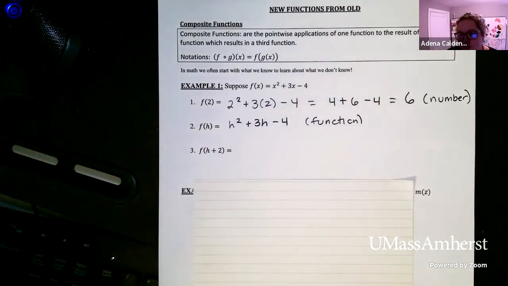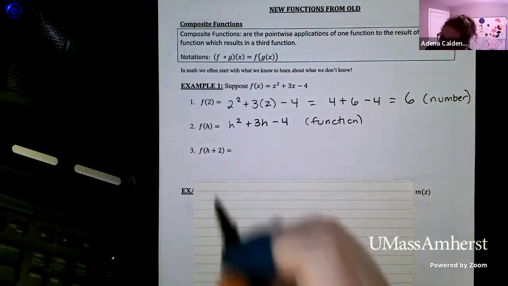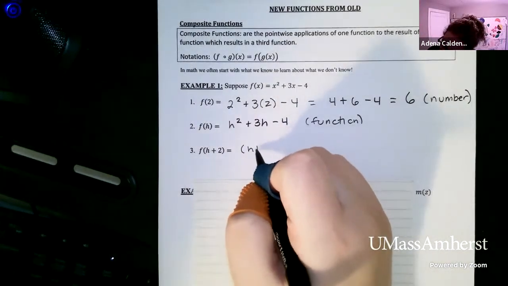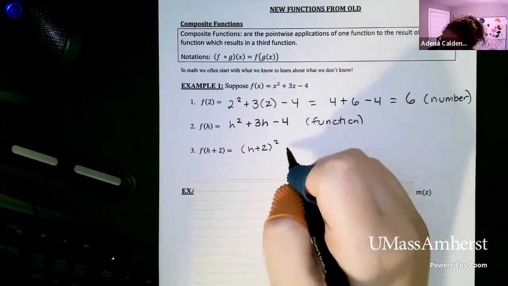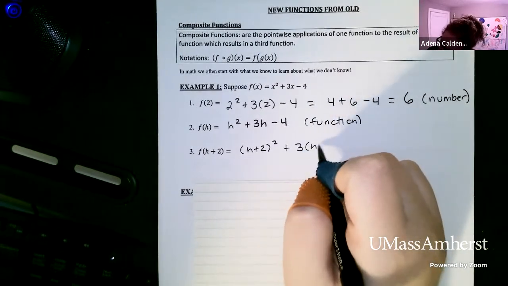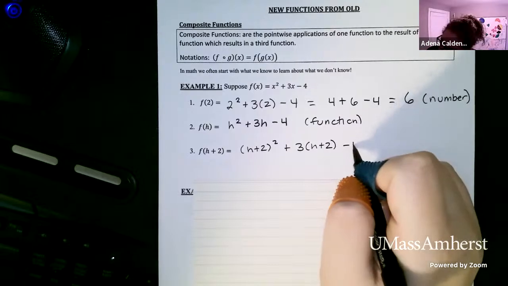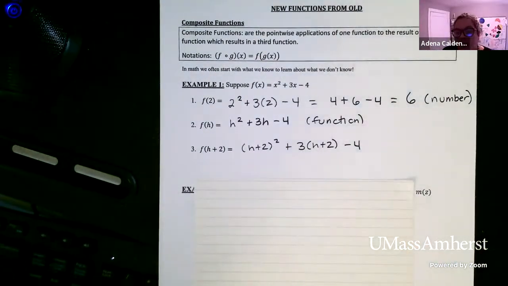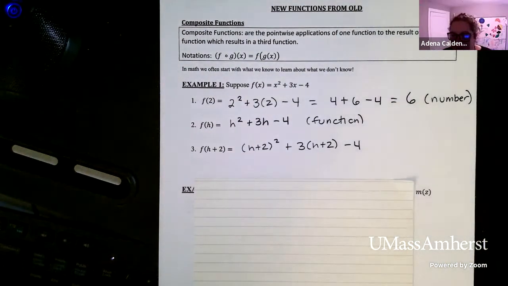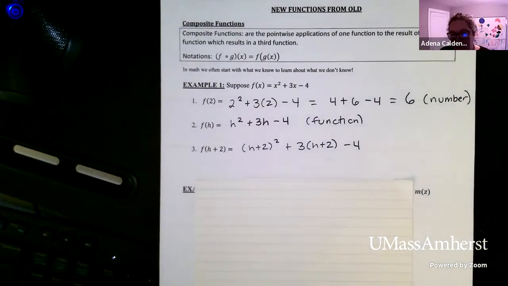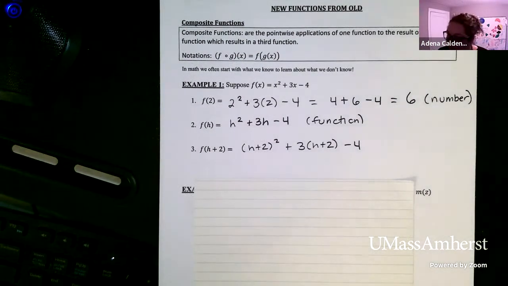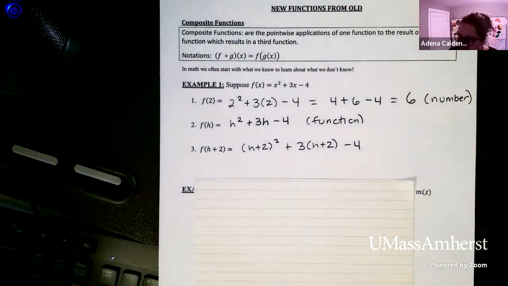So if we take it a step further and we do h plus 2, we're going to get h plus 2 squared plus 3 times h plus 2 minus 4. Now, in order for us to think about if there are like terms to combine, we're going to have to do a little algebra to square this out so we can see what terms are similar here.